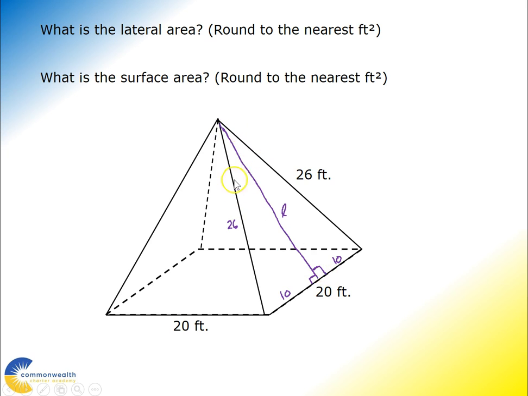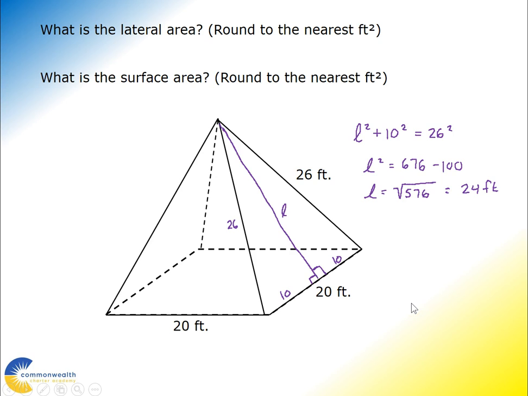Since I know that for this right triangle, say, right here, I have a base that's 10 inches, I have a hypotenuse that's 26 feet, or that's 10 feet, not inches. I can use the Pythagorean theorem to figure out what the slant height is. In this case, it just so happens to work out pretty nicely that I get a 24-foot slant height.